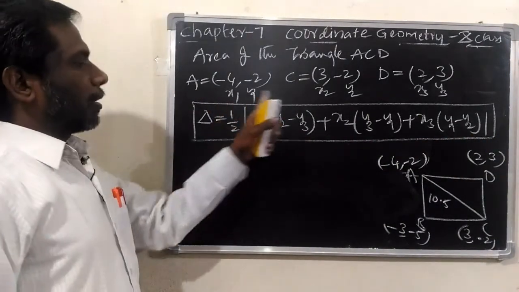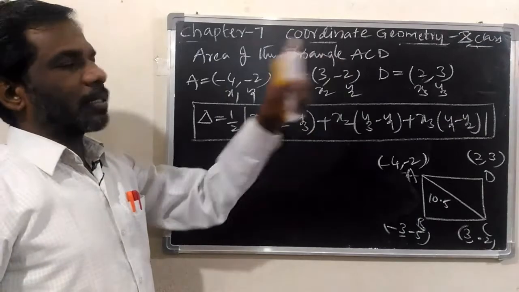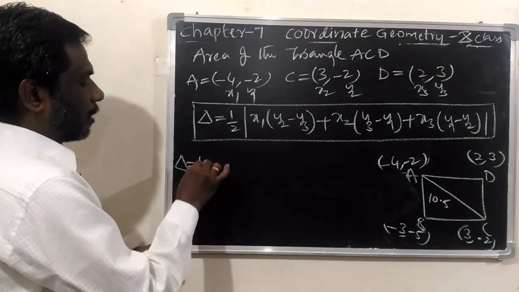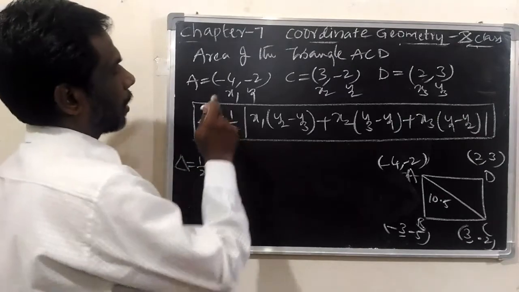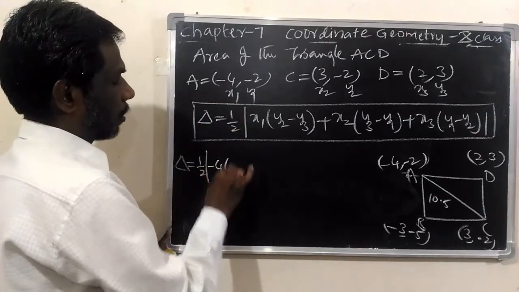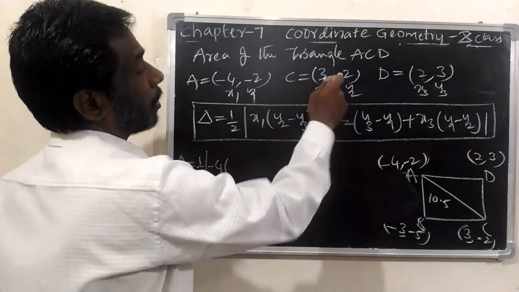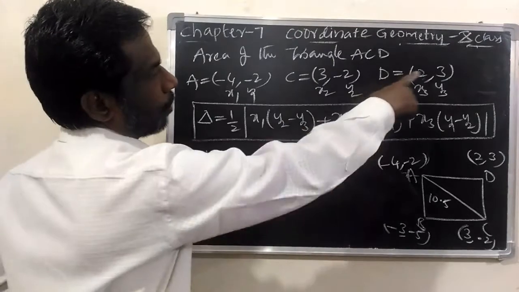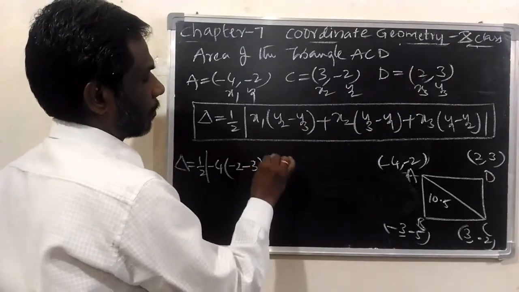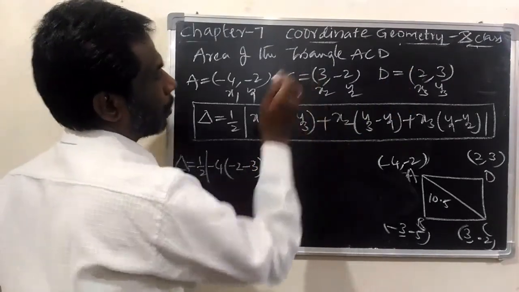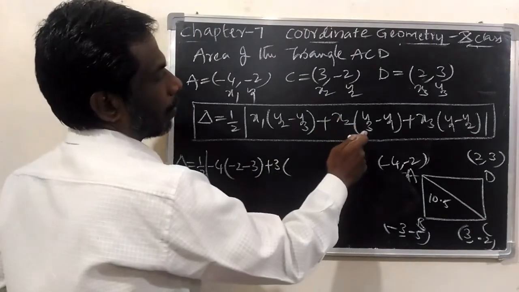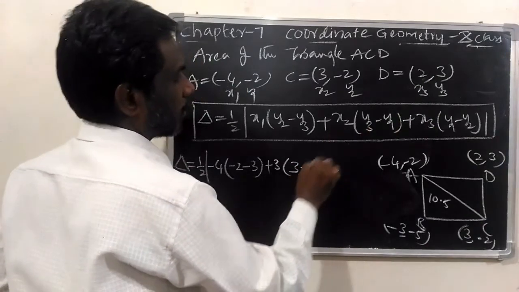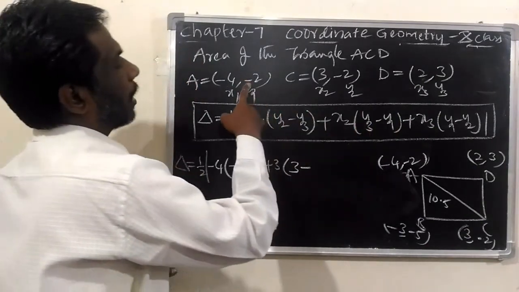Now substitute these points x1 y1, x2 y2, x3 y3 in this formula. Delta is equal to half mod of x1, which is -4, into y2, which is -2, minus y3, which is 3, plus x2, which is 3, into y3, which is 3, minus y1, which is -2.